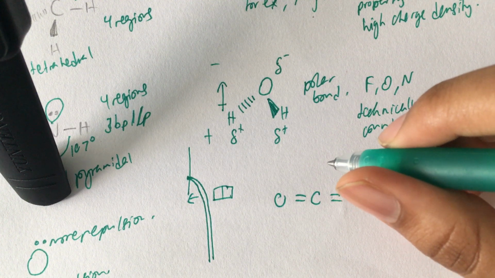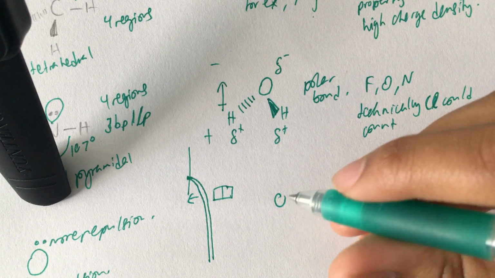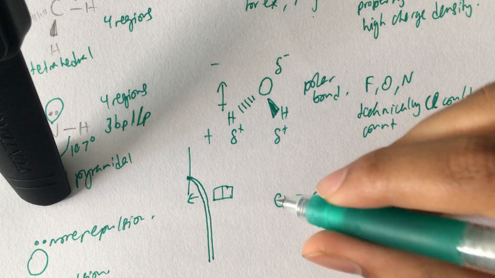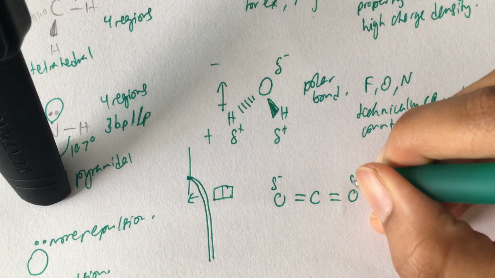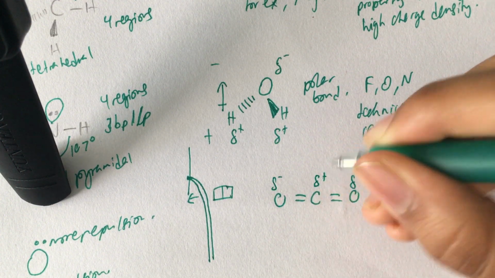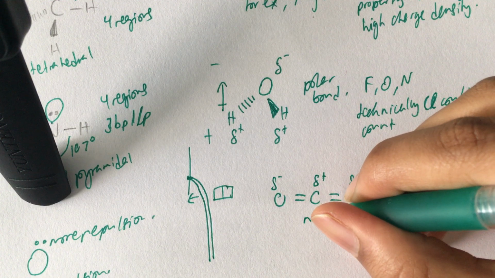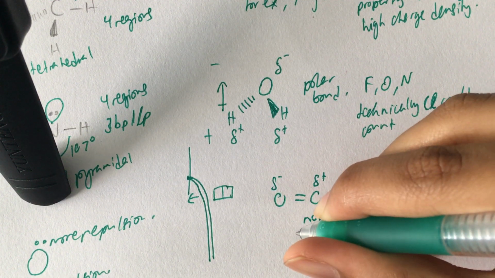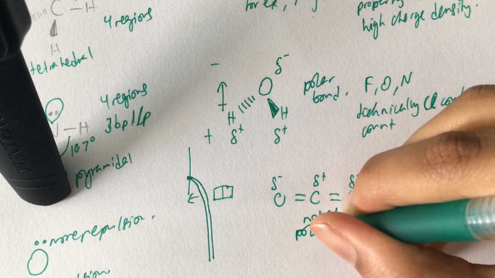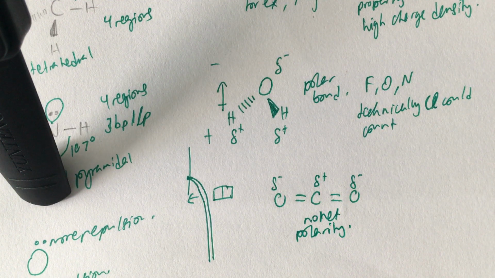The C is in the center and the O's are at the ends, so they're both negative at the ends, and the polarity cancels out. So it's not a dipole. Okay, that was weird. Yeah, that's how you do it.